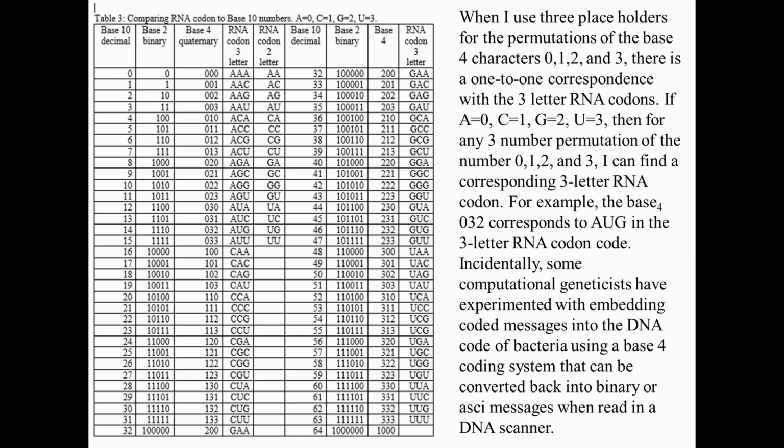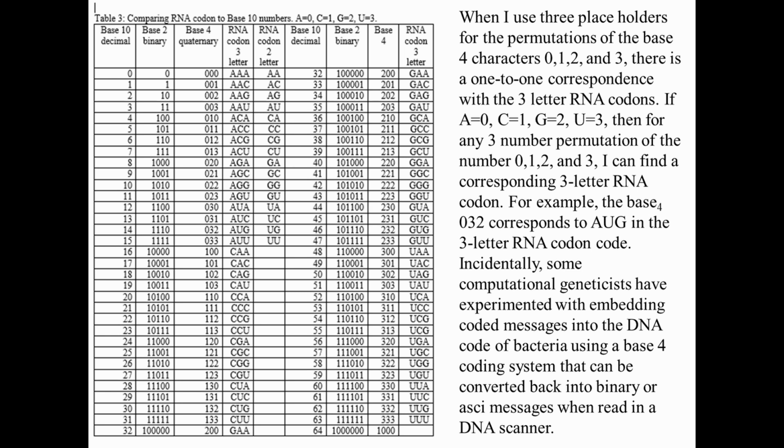When I use 3 placeholders for the permutations of the base 4 characters 0, 1, 2, and 3, there is a 1-to-1 correspondence with the 3-letter RNA codons. If A equals 0, C equals 1, G equals 2, U equals 3, then for any 3-number permutation of the numbers 0, 1, 2, and 3, I can find a corresponding 3-letter RNA codon.